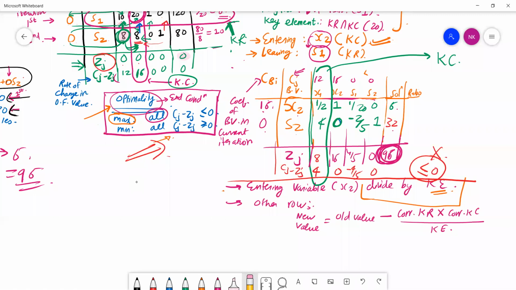Now with this step, we will be finding our key row. Just divide: 6 divided by 1 by 2, it's 12. 32 divided by 4, it's 8.